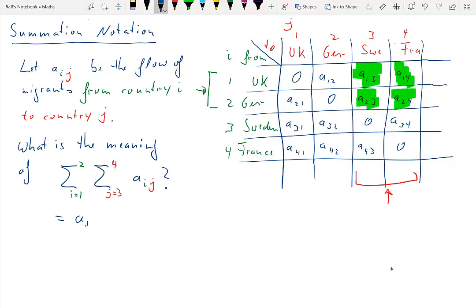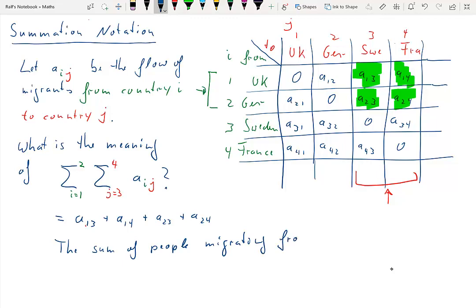So basically what this double sum does is it adds up the following 4 values: A13 plus A14 plus A23 plus A24. So these are the 4 values being added up. So what's the meaning of this? This is the sum of people who move from either the UK or Germany.